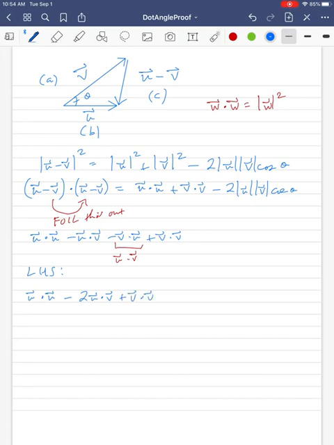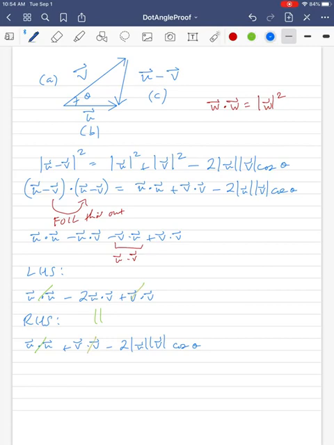But don't forget, there's also a right-hand side: u dot u plus v dot v minus twice the length of u, the length of v times cosine theta. These two sides are equal to each other. But u dot u occurs on both sides, and v dot v occurs on both sides.